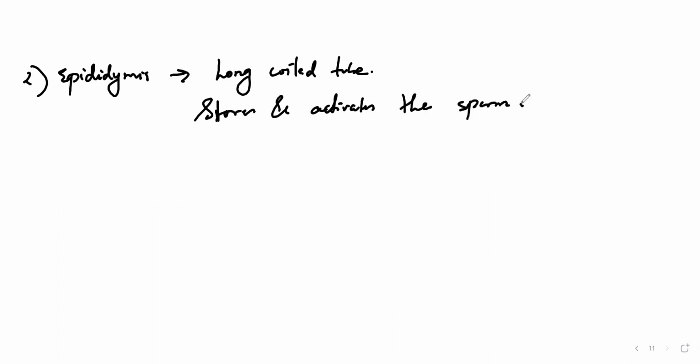This is the storehouse for sperm. Once it is produced, it is stored in the epididymis, and the activation also starts from here. Here it also secretes a fluid called seminal fluid.